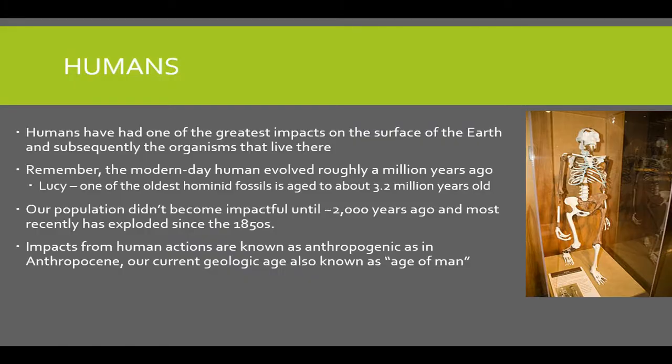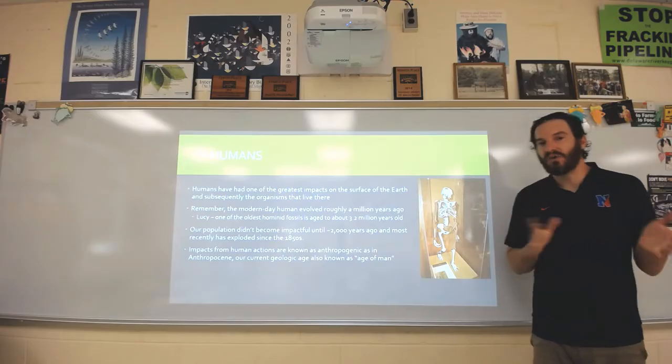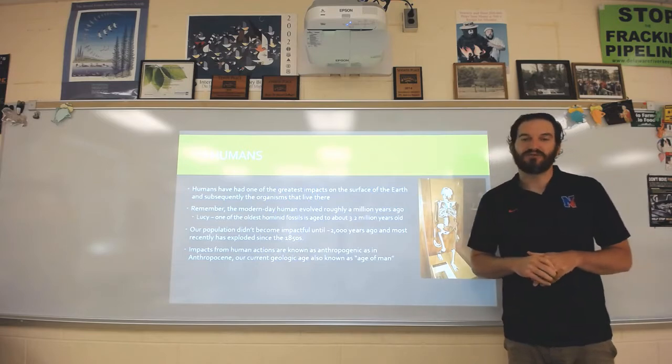If this whole lesson is about human impacts on biodiversity, let's talk about where humans came from. From an evolutionary standpoint, humans evolved on this planet somewhere between 5 to 1 million years ago, depending on where you're getting your information from.